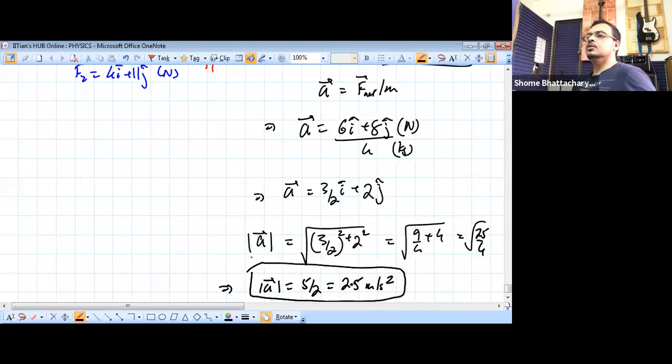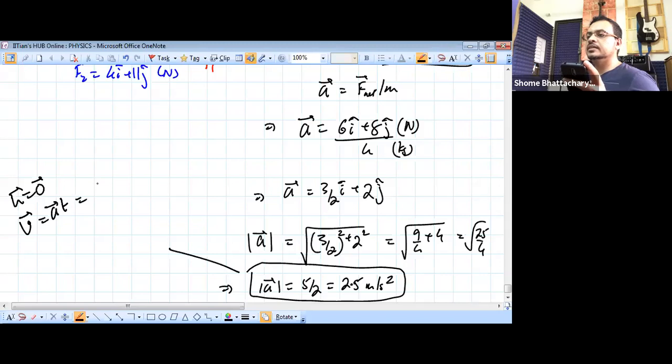So nothing, you just had to apply that net force is F1 plus F2 and carry out that F1 plus F2 operation. So that is the acceleration. So the velocity at 3 seconds will become how much? Now u was 0, so velocity will be acceleration into time.